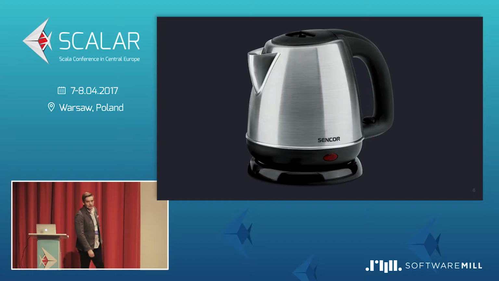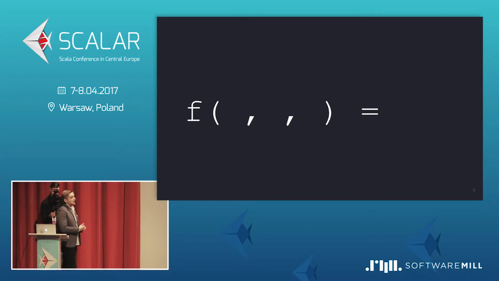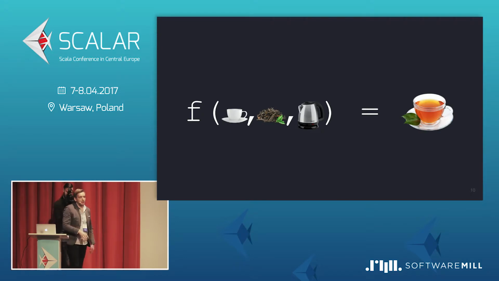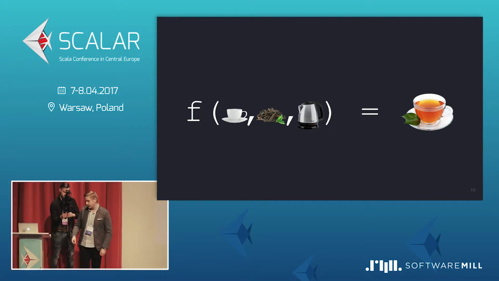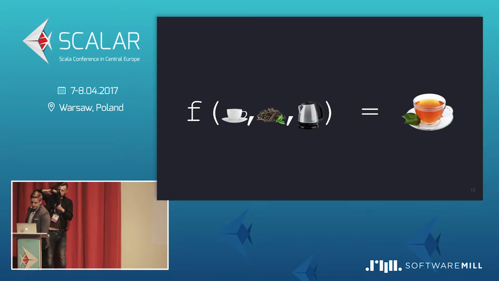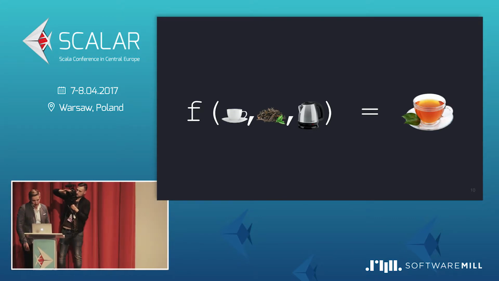Some might say you might need milk, but let's leave that off. Well, we're not at a conference about brewing tea, right? So we have to somehow put that into some pseudocode. How would that look in pseudocode? We have some function f, we put all the ingredients inside, and you expect to get the tea back, right? That's pretty obvious, and that's how you would probably implement that.